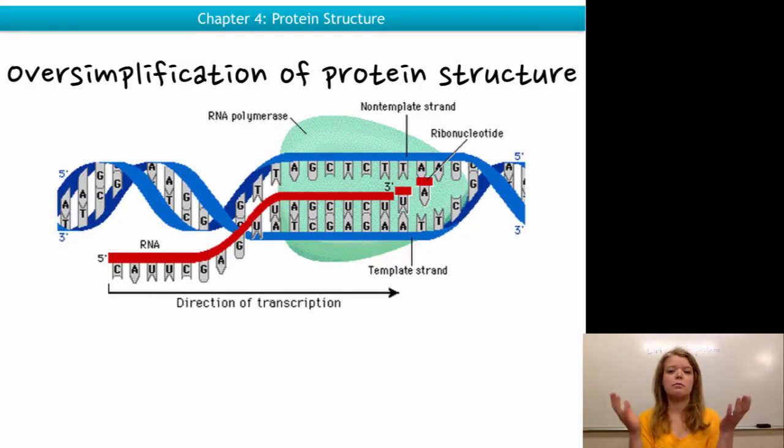Now, many diagrams you have probably encountered in your biology AP class, in Lab 1010, and other classes you have taken in college, and other textbooks, are an oversimplification of the protein structure. The reason for it is to explain the actual underlying process of, in this case, transcription.